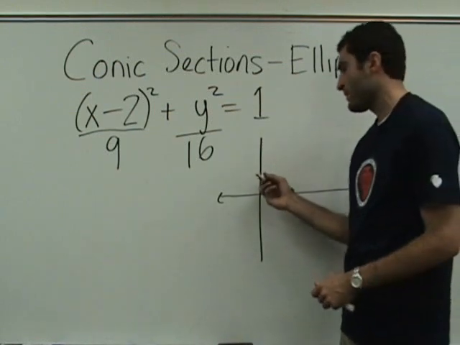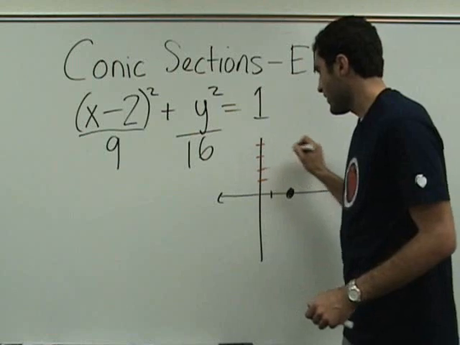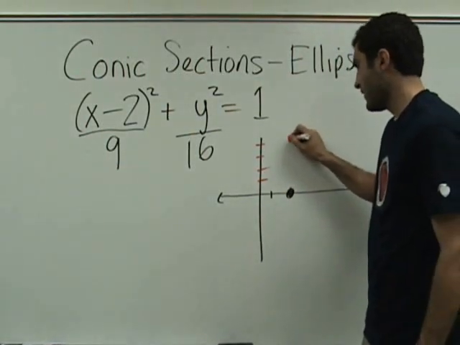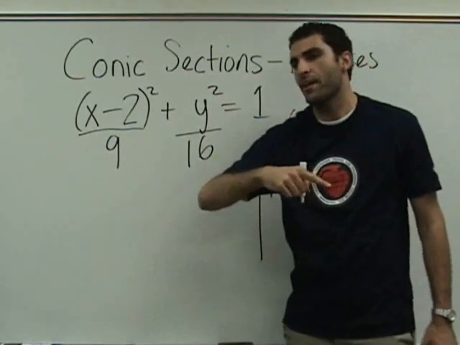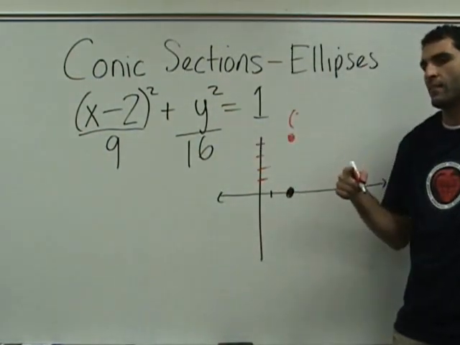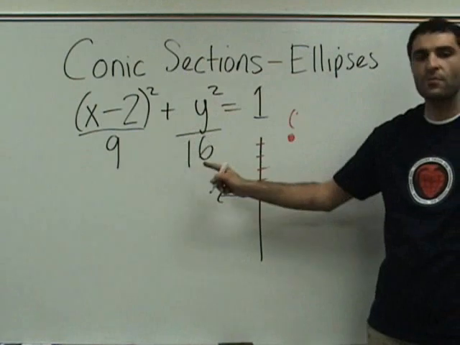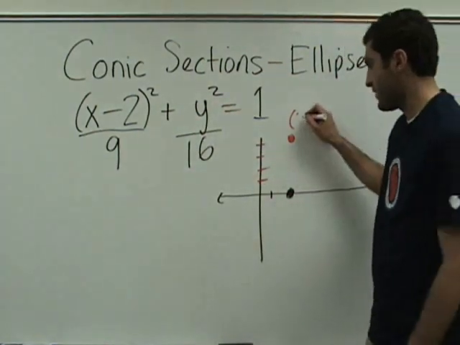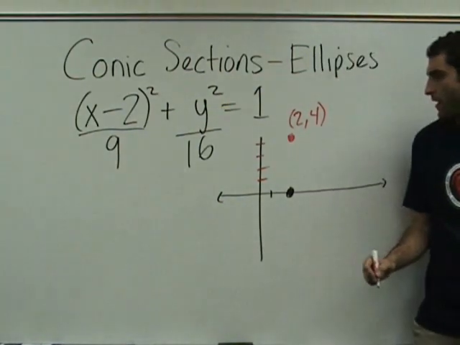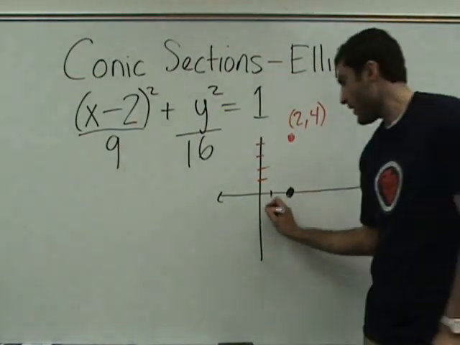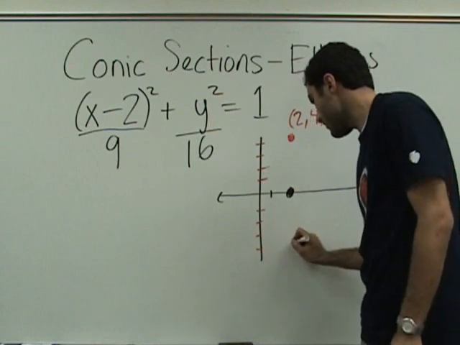So where would that lead us? To 2, 4. Is it left and right? No. Can you explain why it's not left and right? It's not left or right because it's under y. Very nice. So 2, 4, and then the bottom is 2, negative 4.